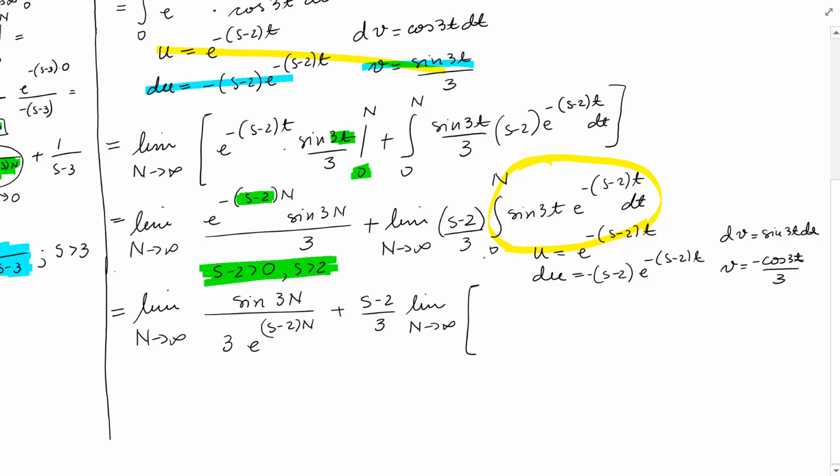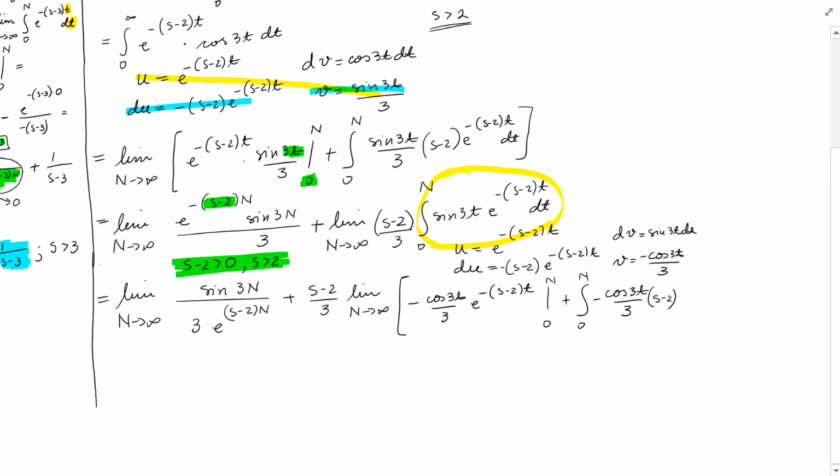So when we write out the integral, it's uv, so minus cosine of 3t over 3 e to the negative (s minus 2)t from 0 to n, minus the integral from 0 to n of v du, so negative, well, there is a negative, I'm going to put it positive here, s minus 2 e to the negative (s minus 2)t dt.